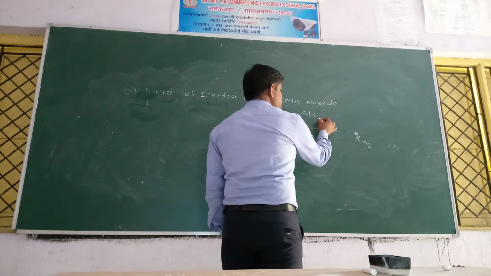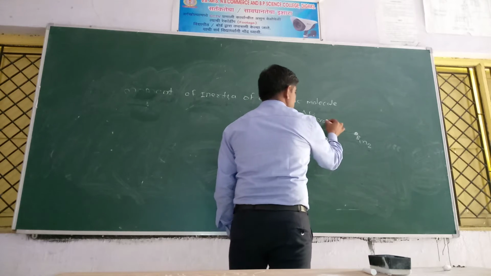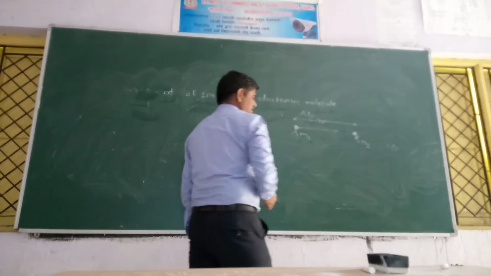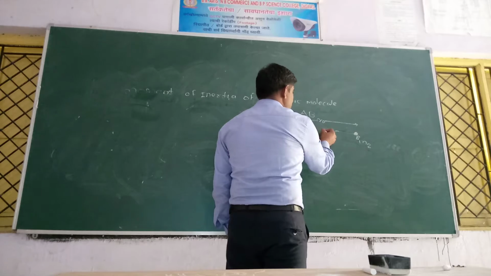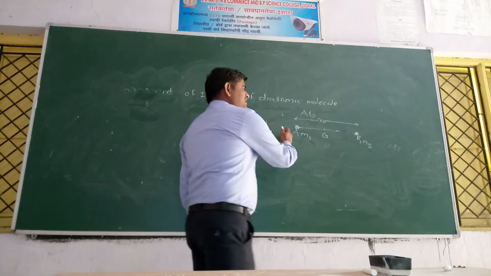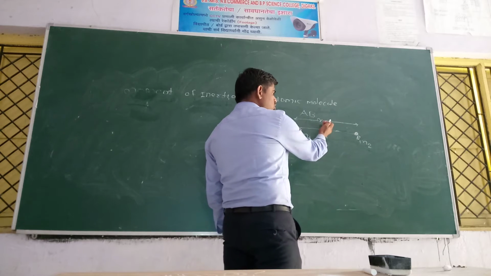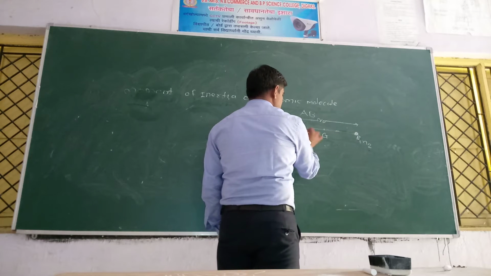Then R0 is the internuclear axis or bond length between these two atoms. Z is the center of gravity. Atom A and B rotate about an axis through center of gravity.